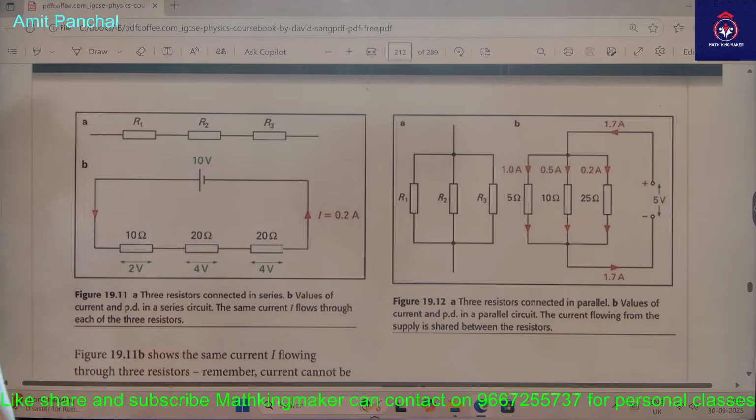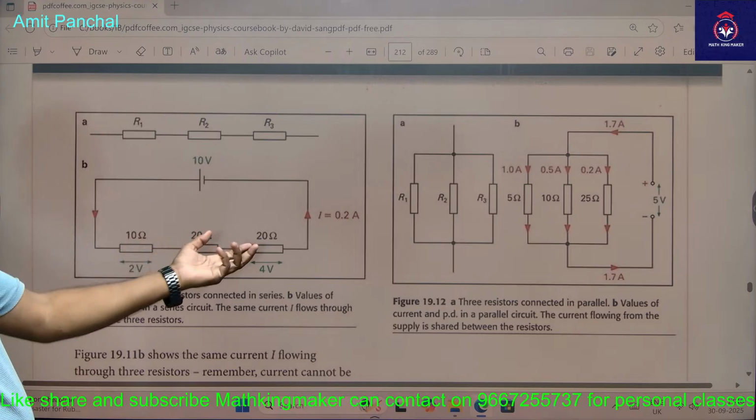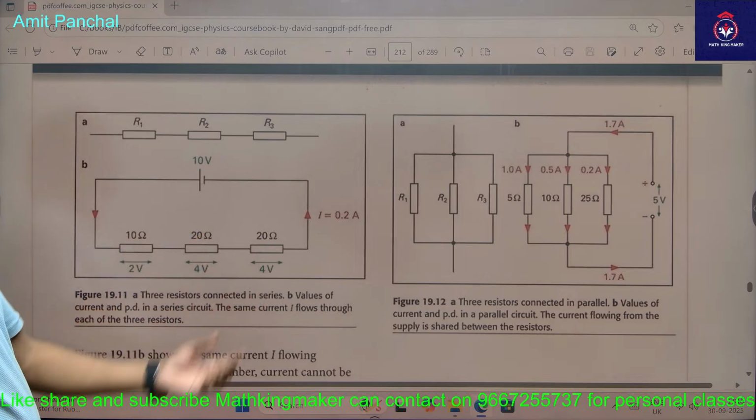The total resistance will be how much? 50 ohm. Current will be the same in all the resistances, but voltage will be divided.